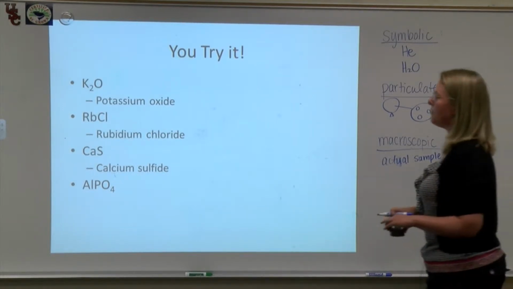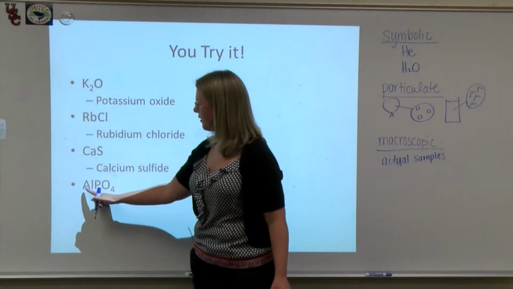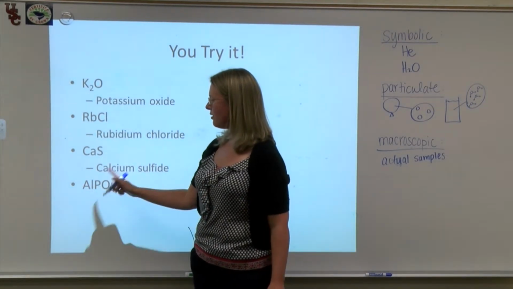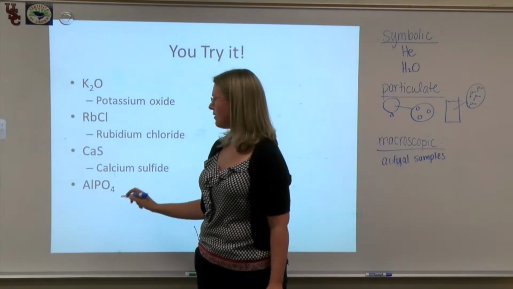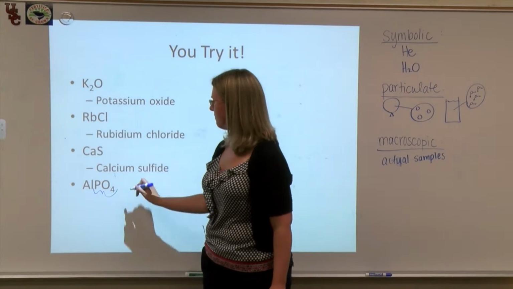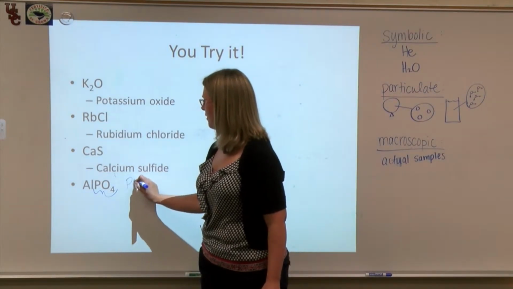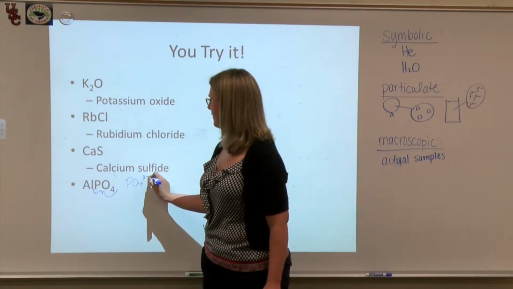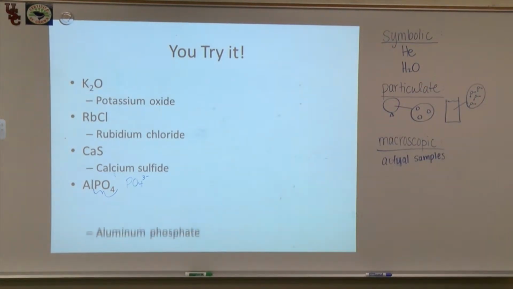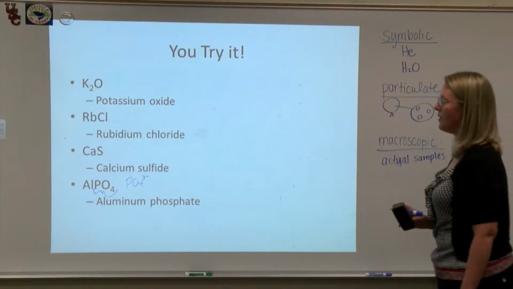And then the last one, this is the hard example. Notice 1, 2, 3 different elements. That's your clue that a polyatomic ion is present, and the polyatomic ion is one I gave you at the beginning. PO4 3- is called phosphate. And so this substance, you would say aluminum phosphate.